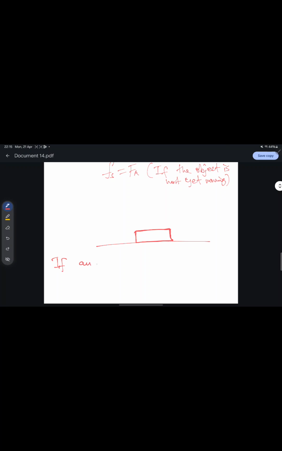If an object is at rest and there is no Fa, it experiences 0 static frictional force. For a frictional force to happen, we said a frictional force opposes what?